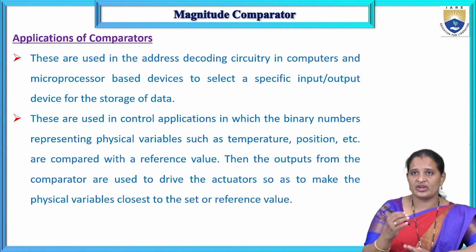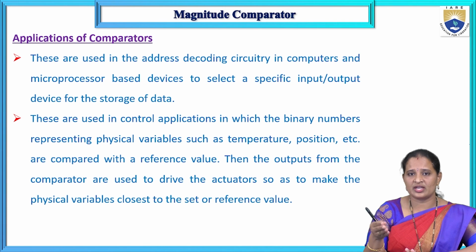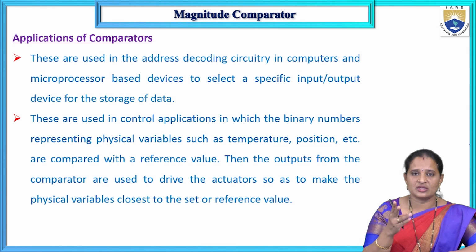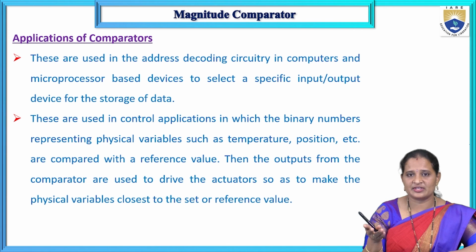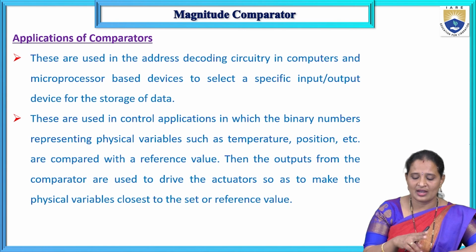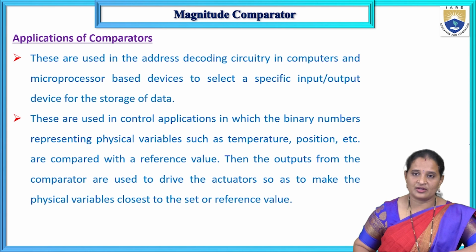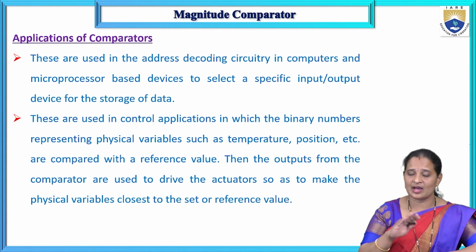For example, in temperature control we have two temperatures, the required temperature and the actual temperature, and we compare them. If they are not equal, for example with an AC, the room temperature and the expected temperature are compared. If they are not equal, the AC will be on. Like that, in position control or temperature control or other control applications, we can use this comparator, where the controlling can be done by comparing two quantities.